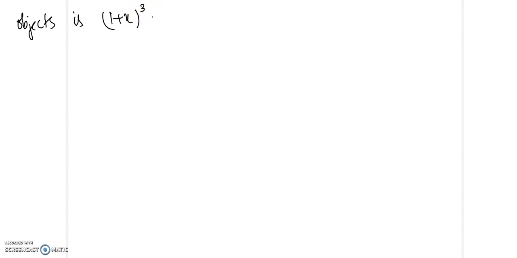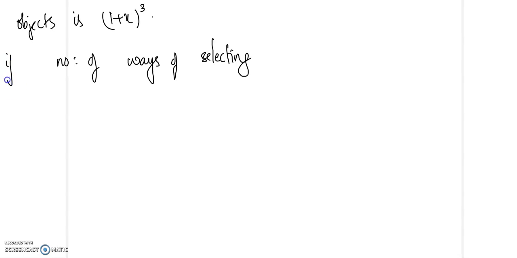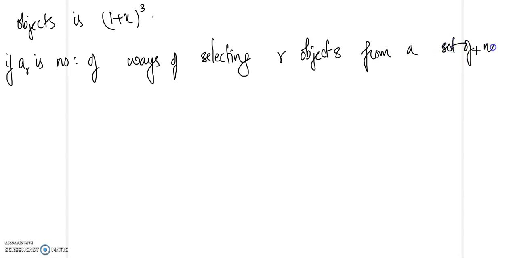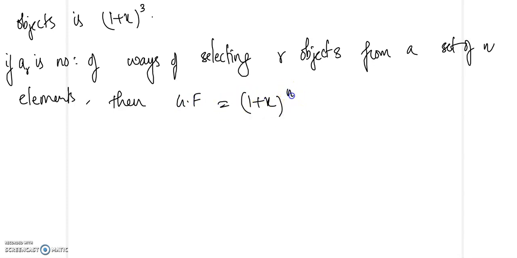Similarly, if you have a set of n objects, and a_r is the number of ways of selecting r objects from a set of n elements, then the corresponding generating function is given by 1 plus x whole raised to n.